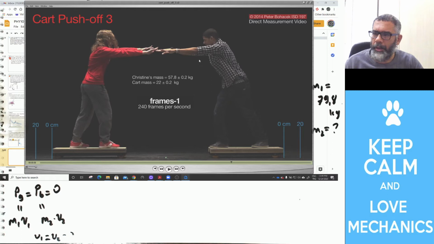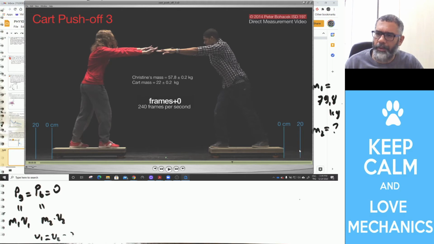That means there are no other forces acting on the boy and the girl. So if there is no acting force on the boy and the girl, whatever their velocities over here, the velocities will stay constant. But right after this point, I can just calculate the boy's velocity, right?